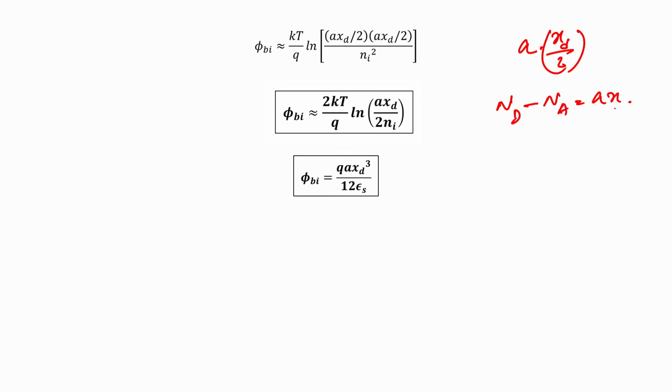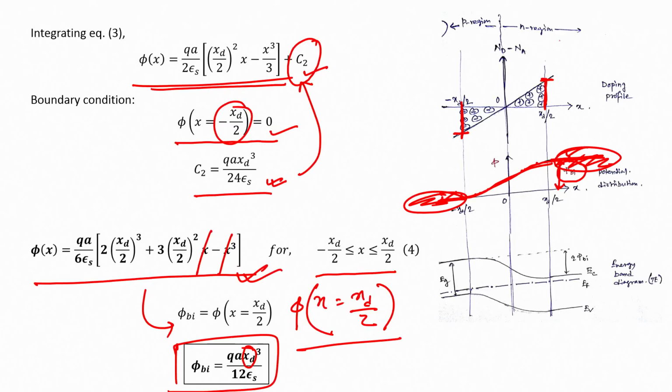So you just plug in x equal to plus or minus xd by 2. The magnitude of the doping density at the edges of the depletion layer is given by A into xd by 2. So at these two edges the doping densities are equal.